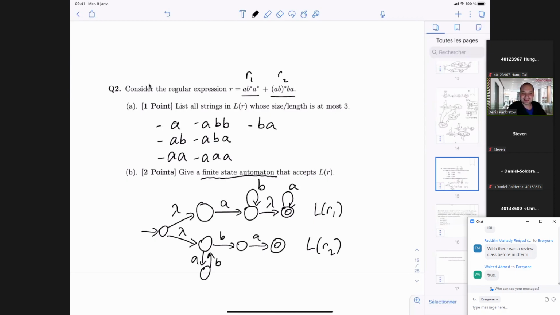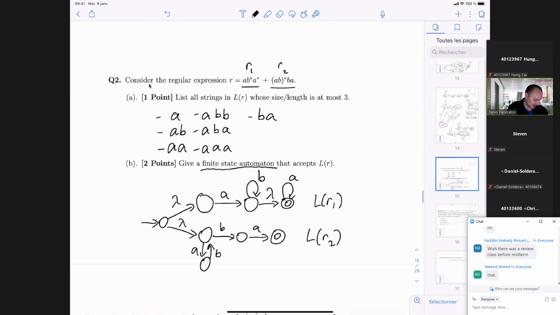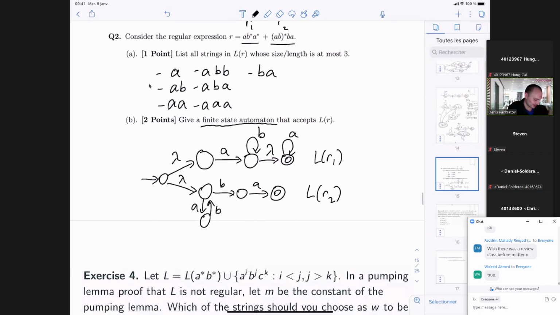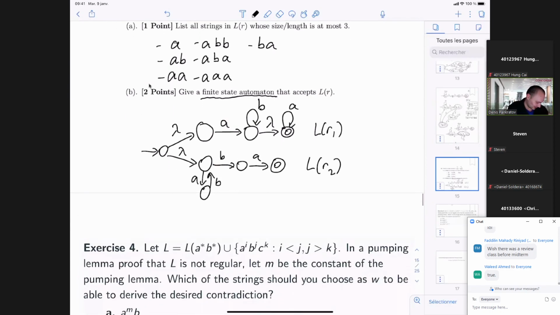If it says give a DFA, then make sure that what you give is actually a deterministic finite state automaton, because otherwise you would lose points, maybe even all of them. So it's important. But when you're given such a choice, that's good. You just do which one is easy.